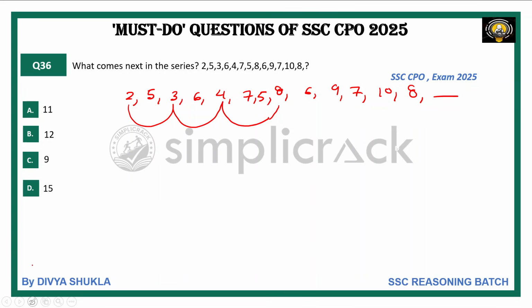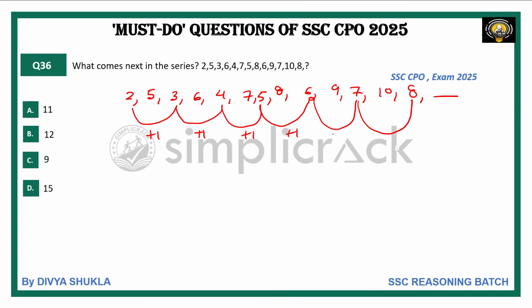That is why I was wondering why it is 8 here. Okay, so let me write it once again. 2 to 3 plus 1, 3 to 4 plus 1, 4 to 5 plus 1, 5 to 6 plus 1, 6 to 7 plus 1, 7 to 8 plus 1. So in all of these you can notice a pattern of plus 1.